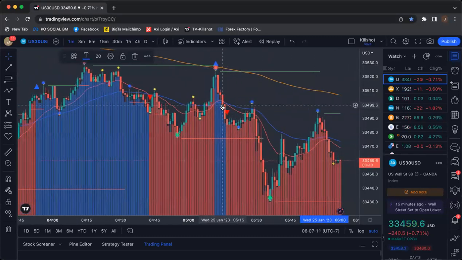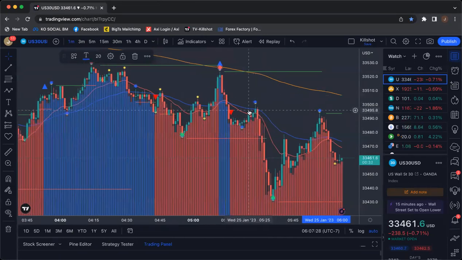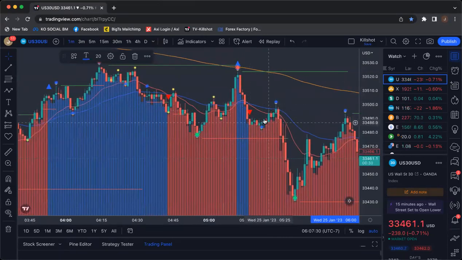If I enter this, there are three places that we can put our stop. The first will be back to structure.